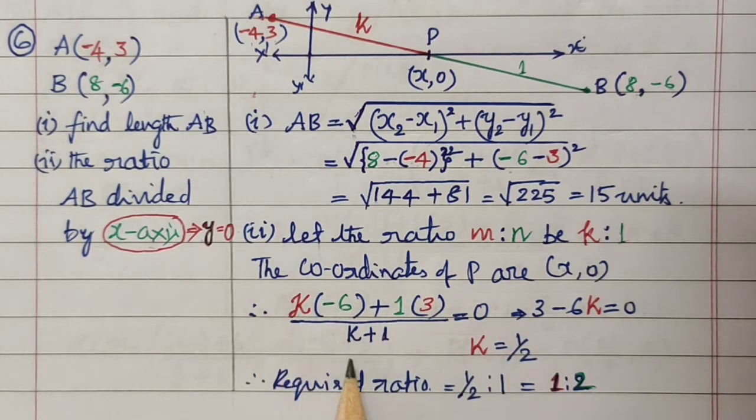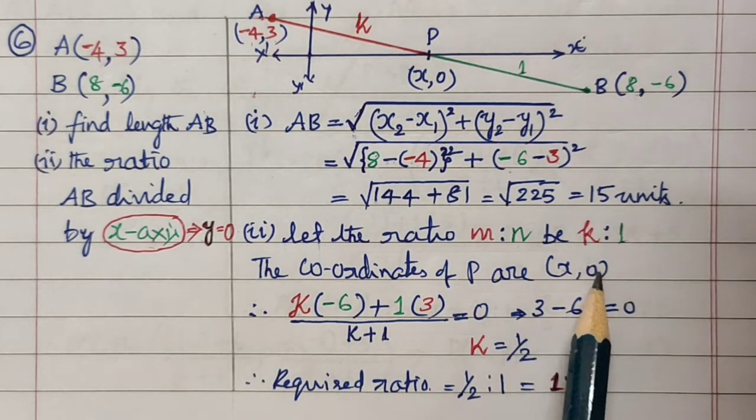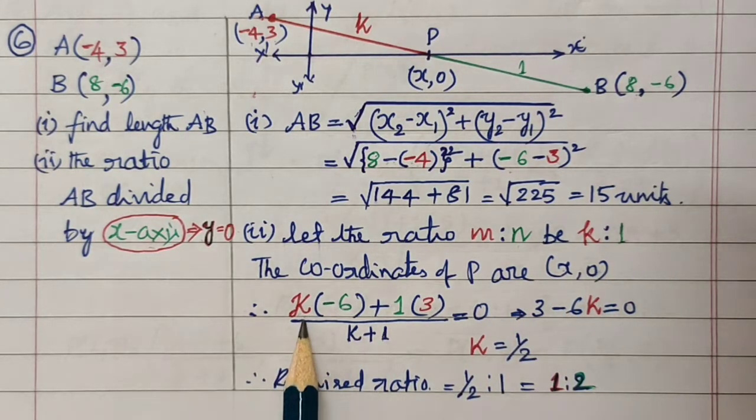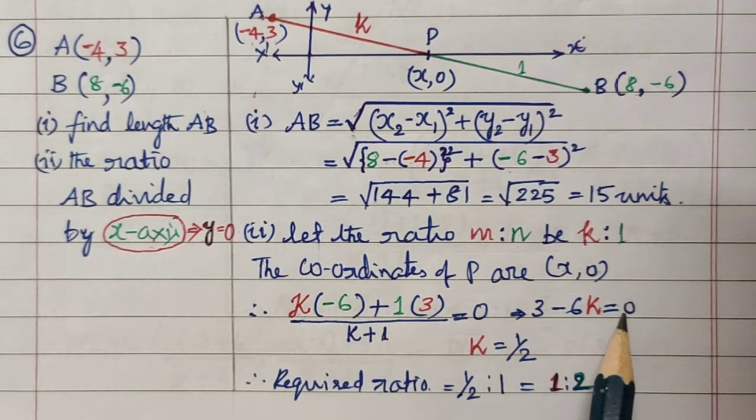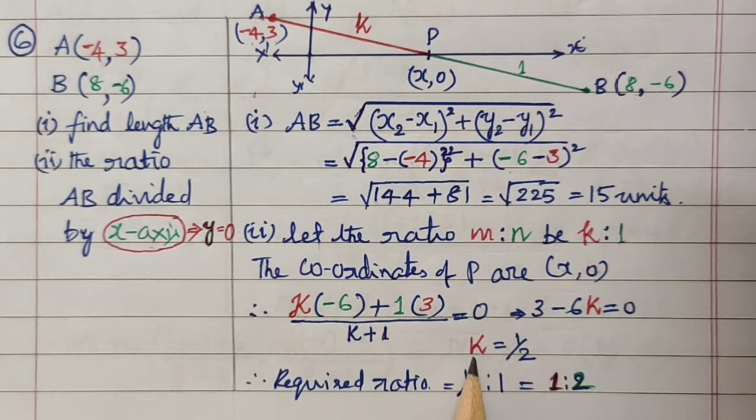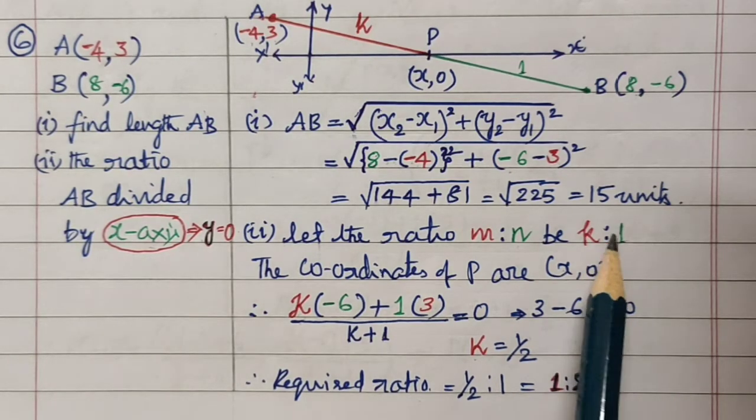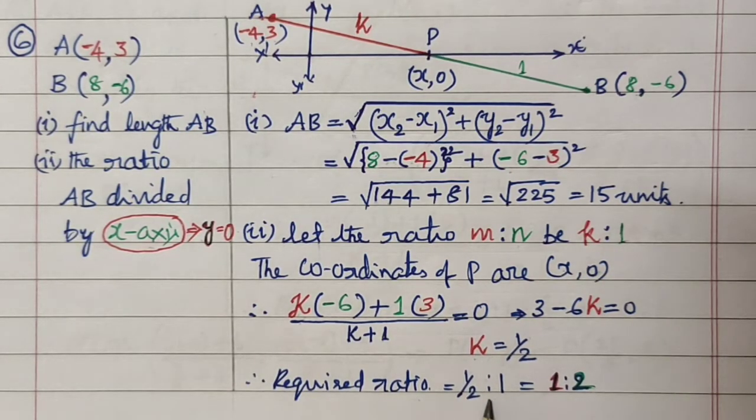This is the formula for y. Why did we select y? Because we know the value of y, so that we can easily find the value of k. After solving, we got k is equal to half. The required ratio is given by k is to 1, that is half is to 1, that will become 1 is to 2.